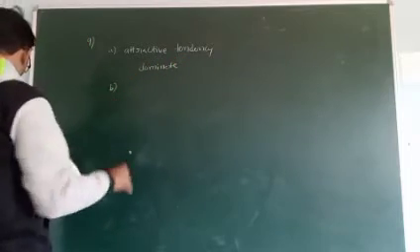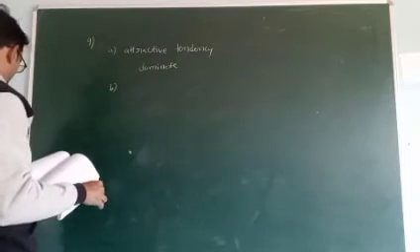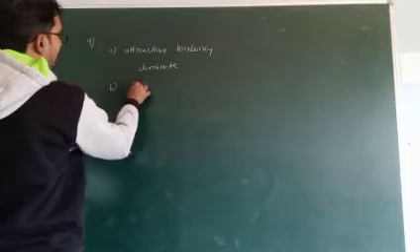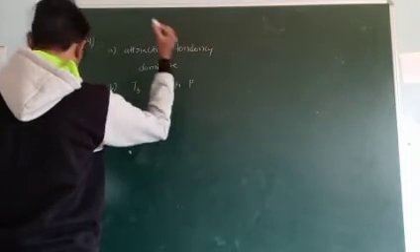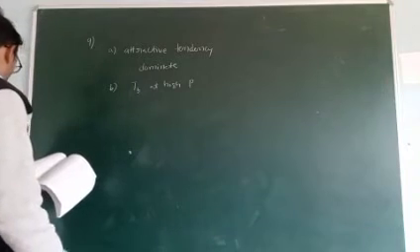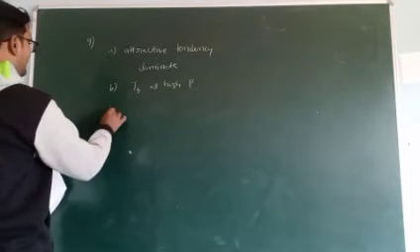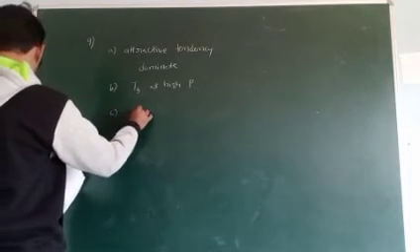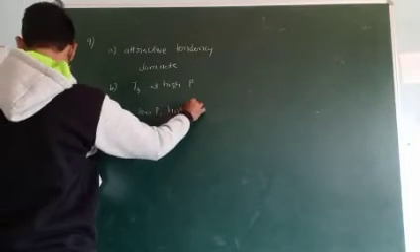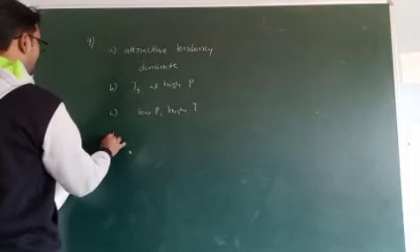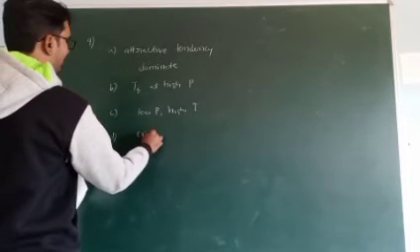In case B, Boyle temperature, that is TB, at high pressure. Third one, C, at low pressure and high temperature. D, critical point.